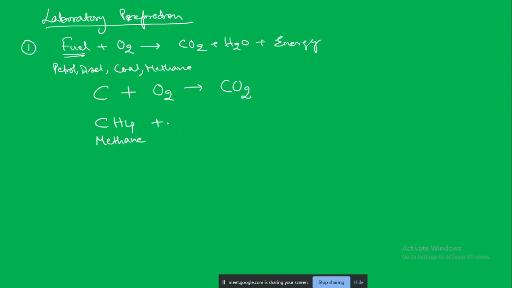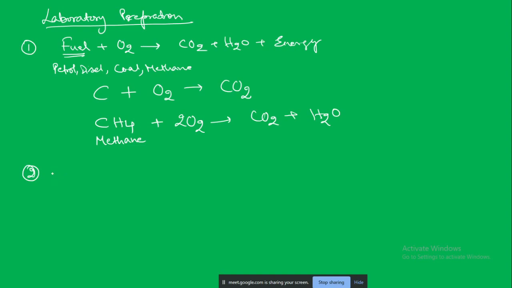The major gas produced there is methane. When we burn methane, we get carbon dioxide and water vapor. So this is one method.